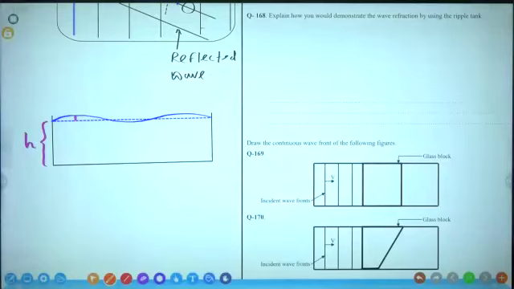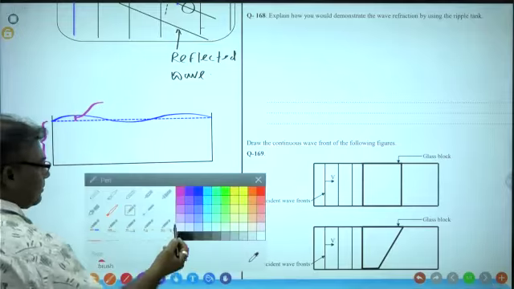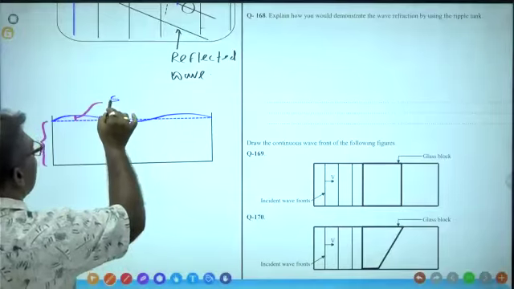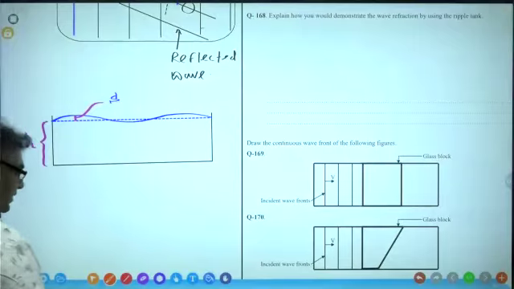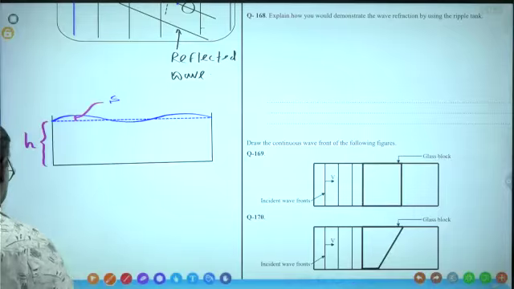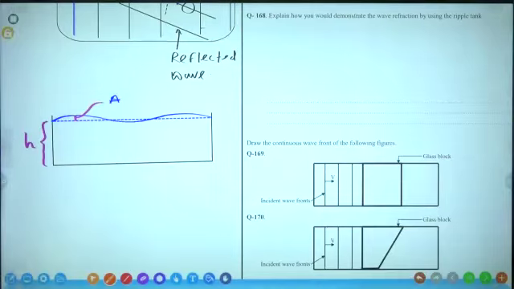Okay, to maintain a constant average height, we manage the amplitude of the wave to be negligibly small, right? Let this value be A, the amplitude.